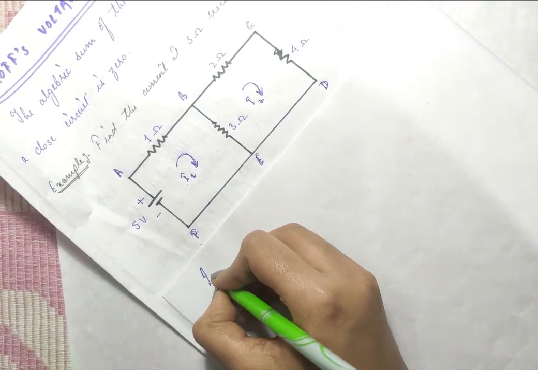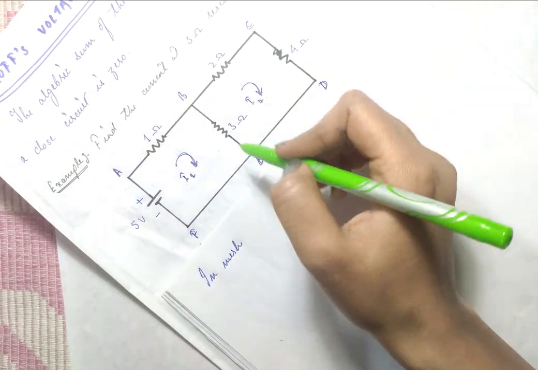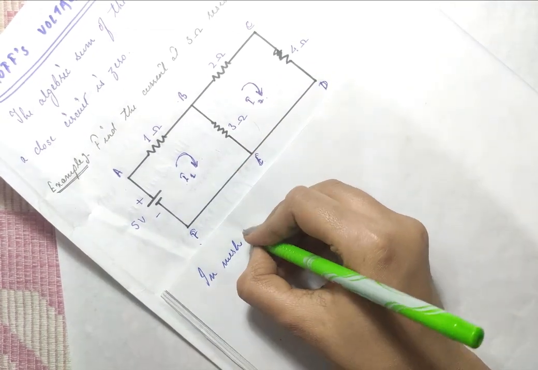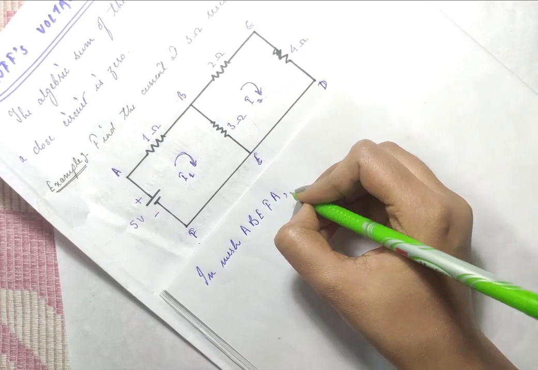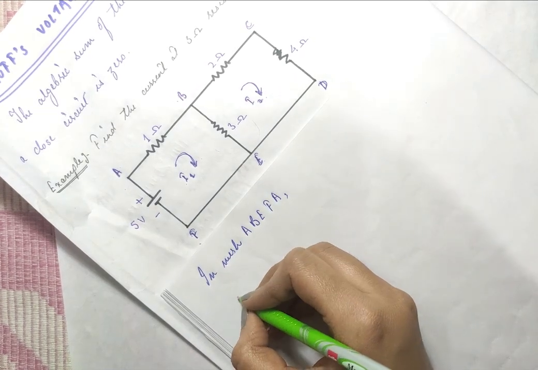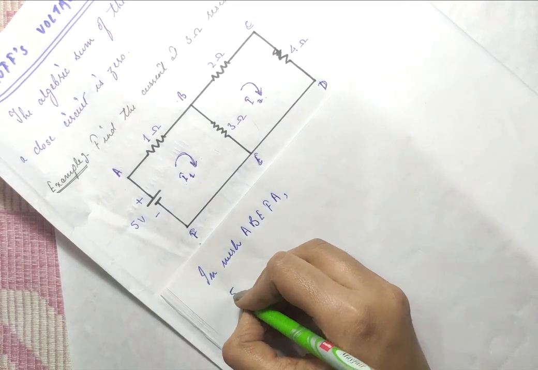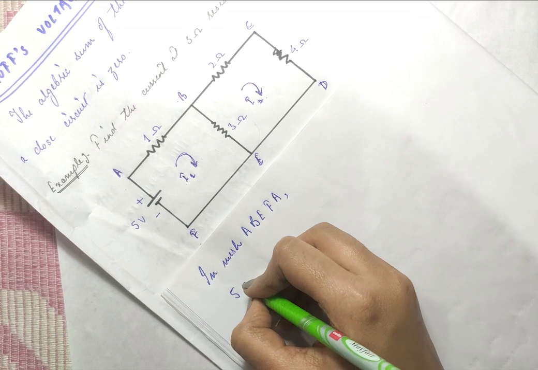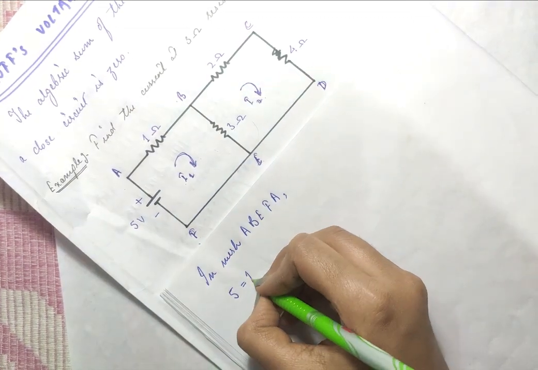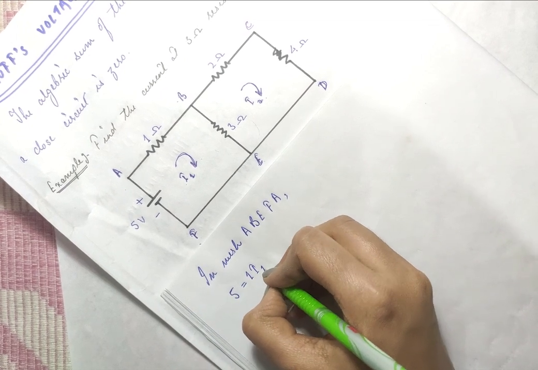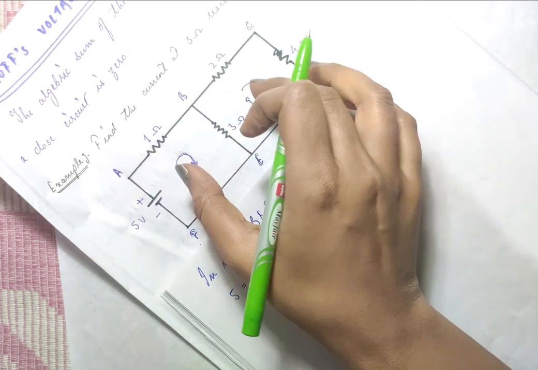So in mesh ABEFA, we have the voltage source, that is 5 volt, equal to resistance into current, 1 into I1, plus resistance into current.